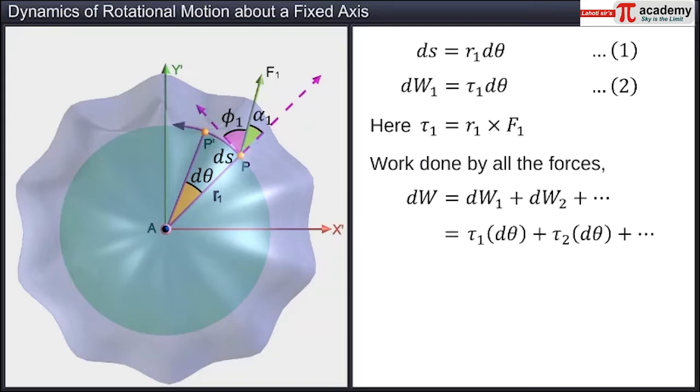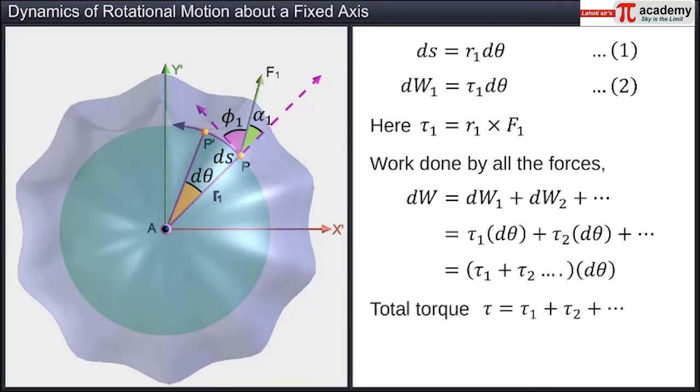which is equal to tau 1 d theta plus tau 2 d theta and so on, equal to tau 1 plus tau 2 and so on into d theta. Since all these torques are along the axis of rotation, we get the total torque on the body as tau is equal to tau 1 plus tau 2 and so on.